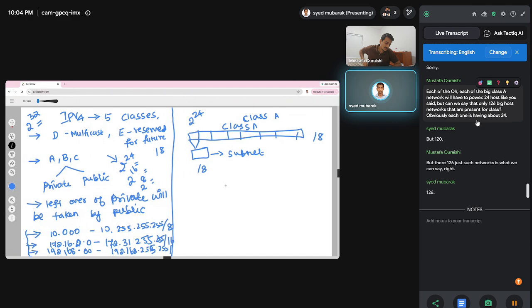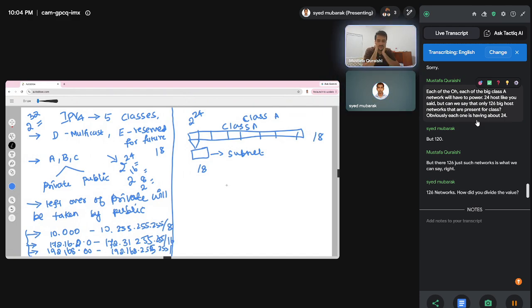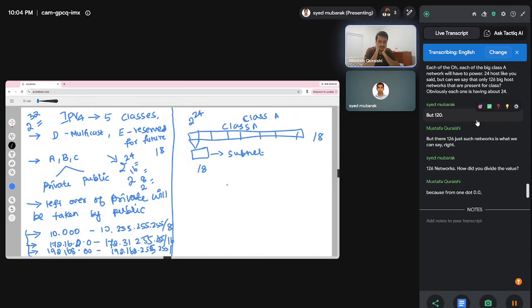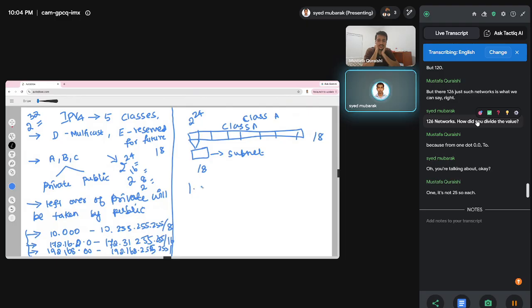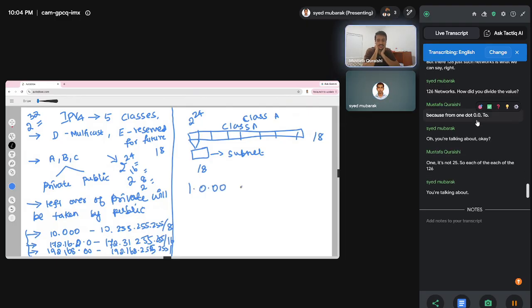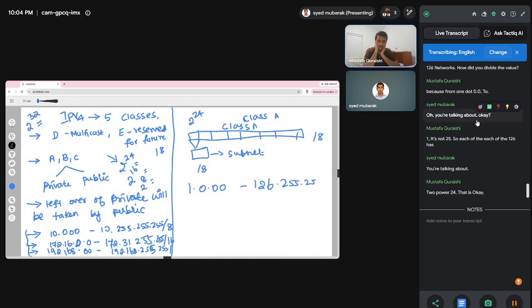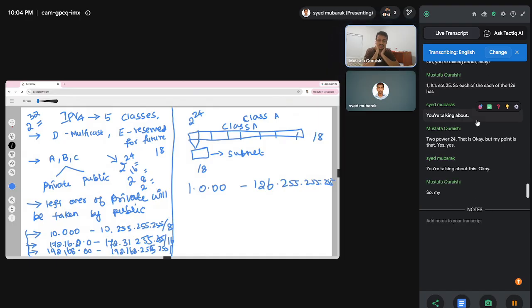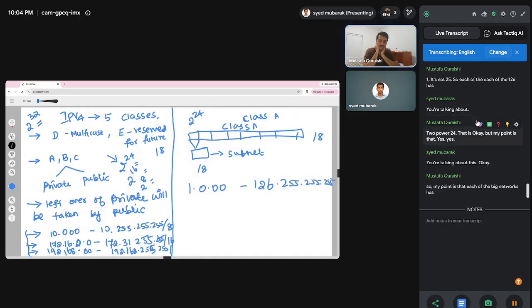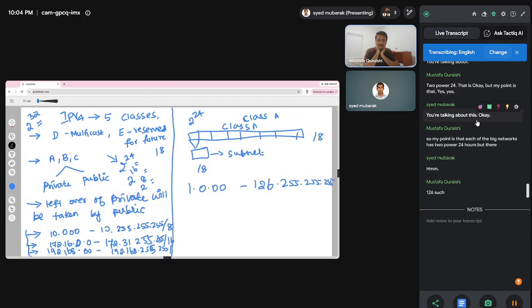126 networks. How did you derive that value? Oh, you're talking about each of the 126 having 2 power 24. My point is that each of the big networks has 2 power 24 hosts, but there are 126 such networks.